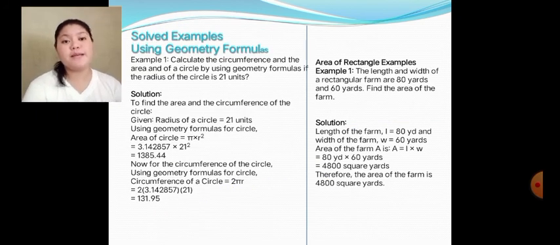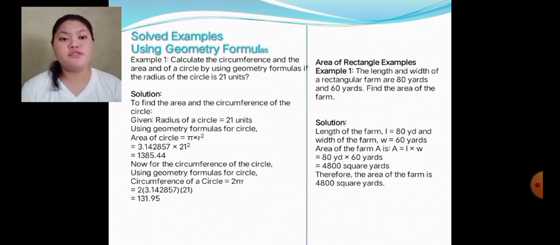Let's solve examples using geometric formulas. Example 1: calculate the circumference and the area of a circle by using geometric formulas if the radius of the circle is 21 units. The given radius of the circle is 21 units.